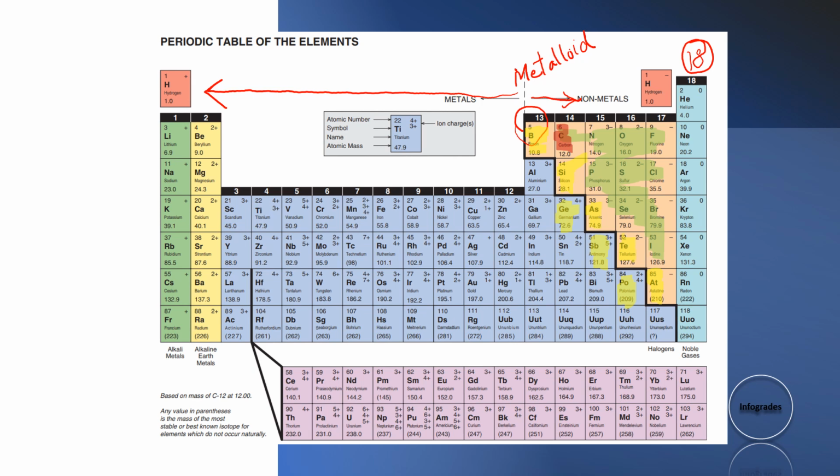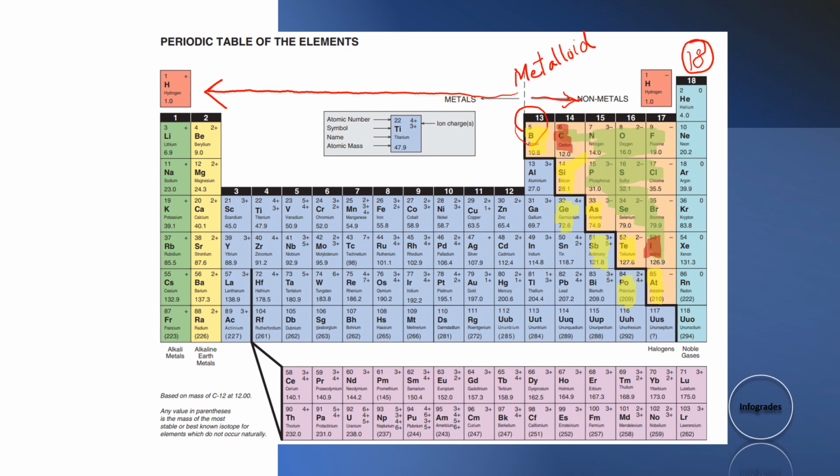But mostly the nonmetals exist as gases or liquids at room temperature. Iodine exists as a soft solid at room temperature. Most of them exist as gases, like nitrogen, oxygen, fluorine. Some exist as liquid at room temperature, like bromine.